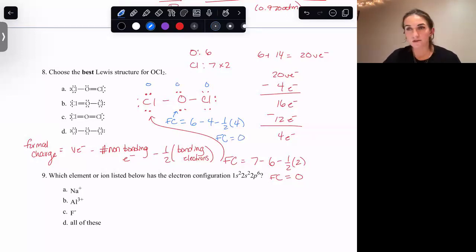So in this case, the original structure that we drew has minimized formal charge, where all of our elements have a formal charge of 0. All of our octets are fulfilled and all of our formal charges add up to the total charge of our molecule, right? There's no charge on OCl2 and none of our formal charges have a charge. So this is going to be our best structure. So that's how you would solve for the best Lewis structure.